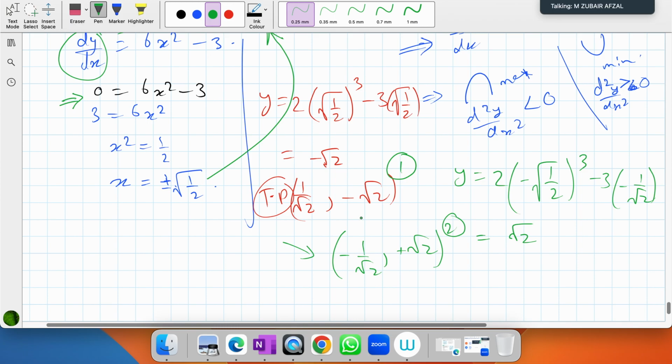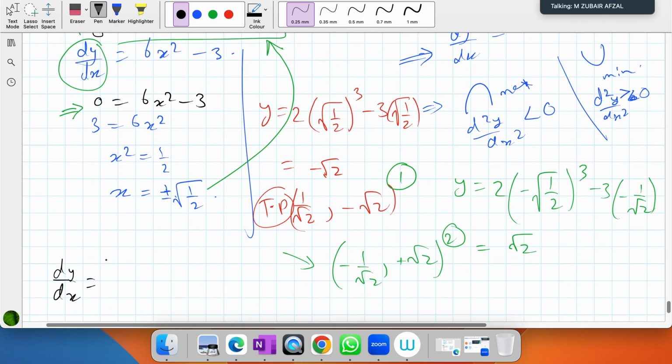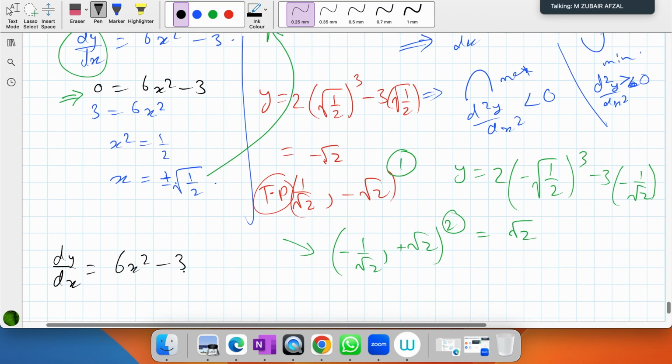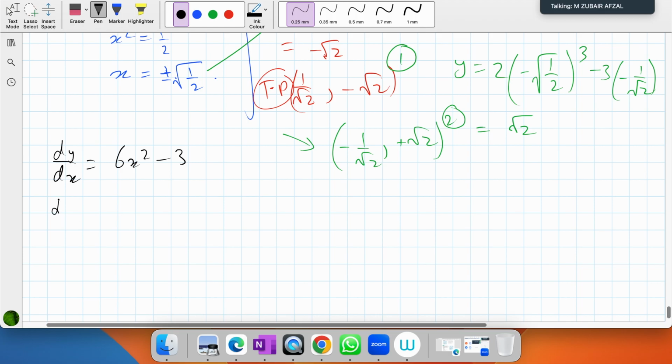Now we have to tell if the nature is minimum or maximum. So I'm copying dy by dx again. dy by dx is equal to 6x square minus 3. Now the double derivative will tell you if it is minimum or maximum. So d square y over dx square becomes 12x. To check, we need to substitute the value of x.